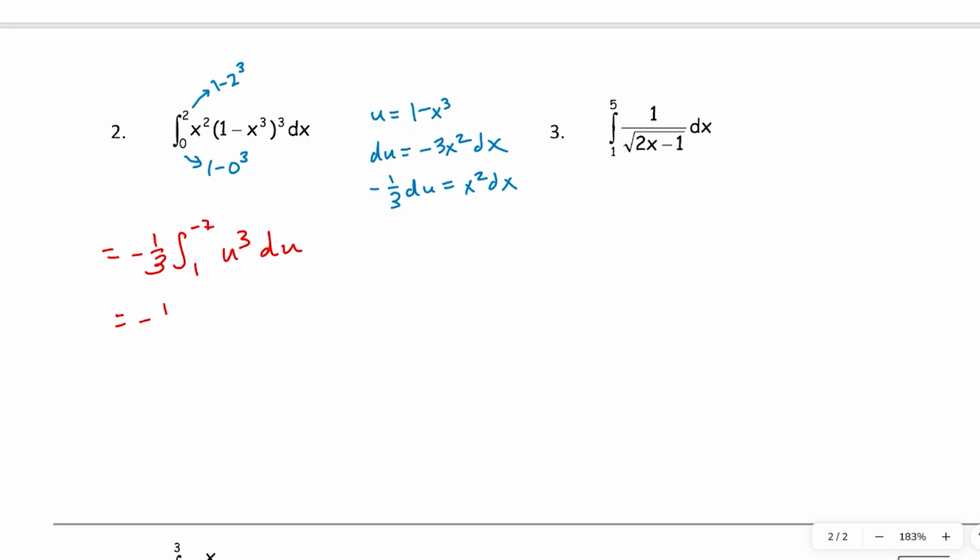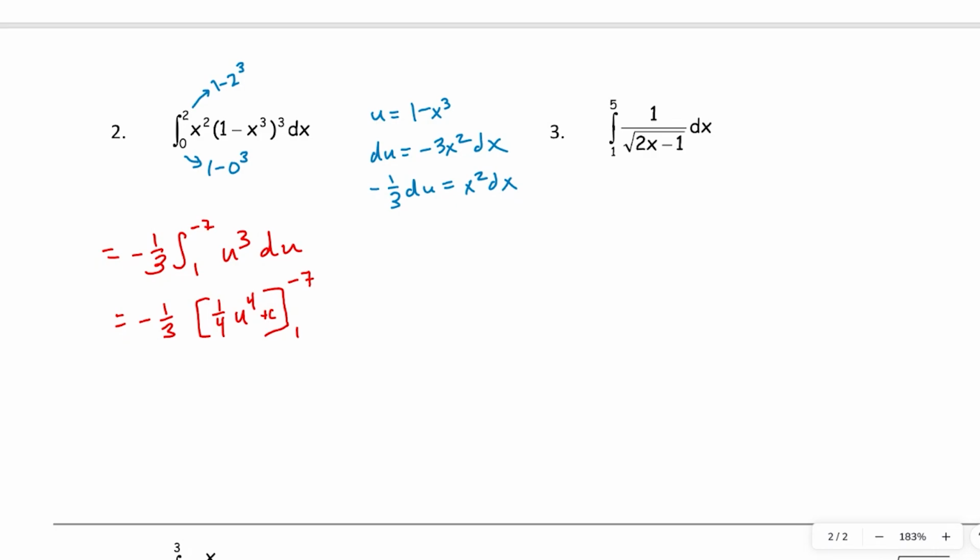So this is going to be negative 1/3 times the antiderivative of u cubed. What would that be? 1/4 u to the 4th, of course plus c, although we know that's going to cancel out, from 1 to -7.